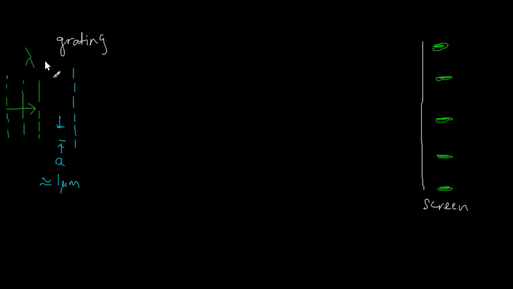Okay, so let me think about a light ray going from one of the slits to one of these fringes. So let's say this one. One from there and one from the neighboring slits.